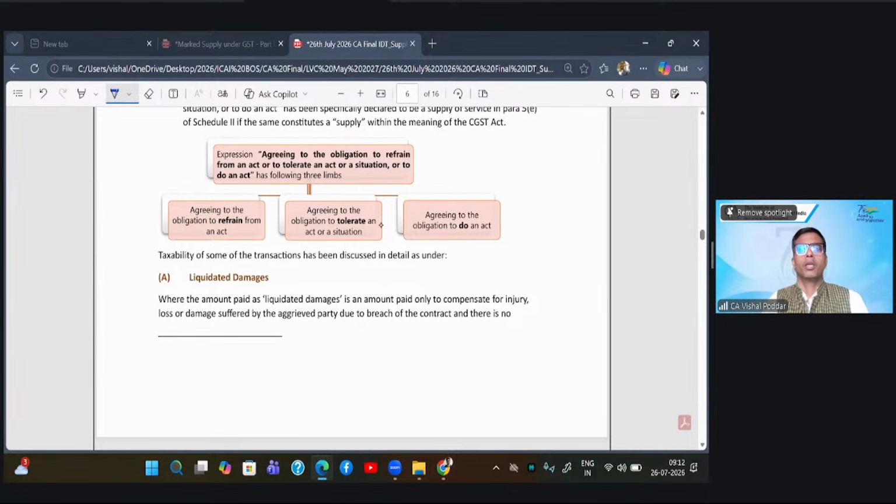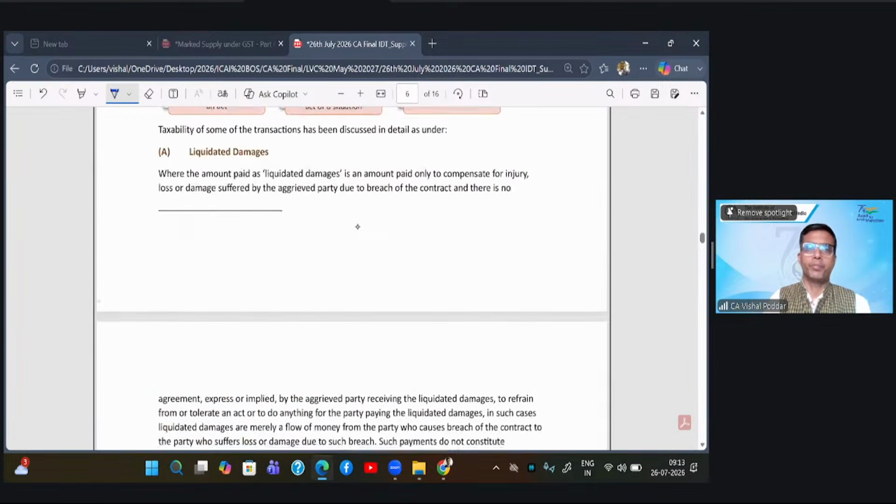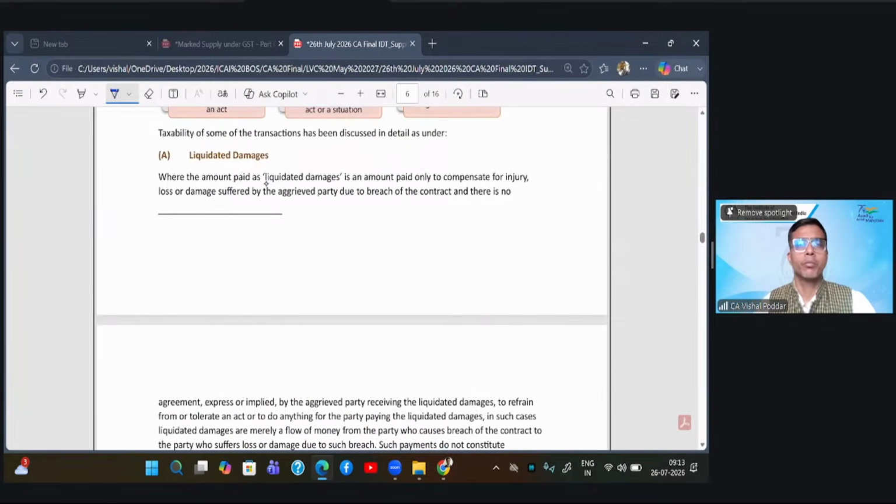For this, we have a specific circular which clarifies. This is what we discussed earlier when we were talking about vouchers breakage, that is, the vouchers which are unredeemed. There, I had given reference to the same circular; the analogy we are drawing there comes from this circular. So the first analogy, student, is that whenever some compensation like liquidated damages is given to you, why?